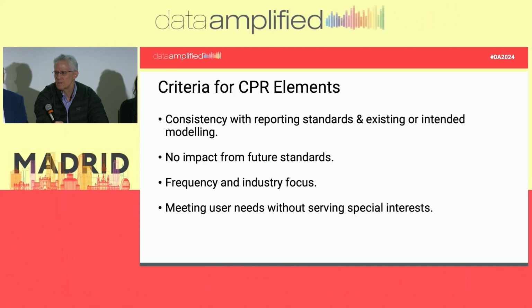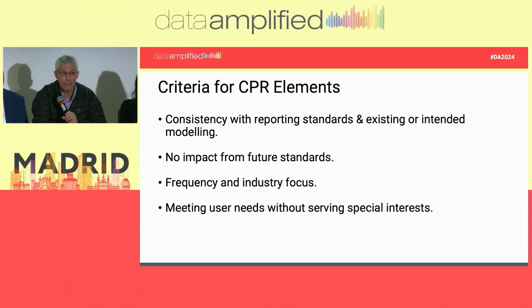So, the first and most important aspect of dealing with CPR elements is to make sure that anything you're considering including is consistent with the reporting standards and existing or intended modeling. One of the things we would never do is include a new concept in the taxonomy that is contrary to GAAP, right?